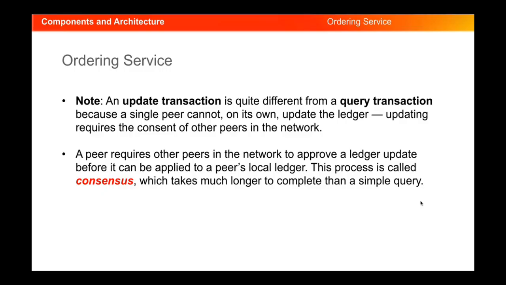But when it comes to an update transaction, consensus from all the peers is required, and the process of that consensus has to happen among all the peers, and this takes more time when compared to a simple query transaction.